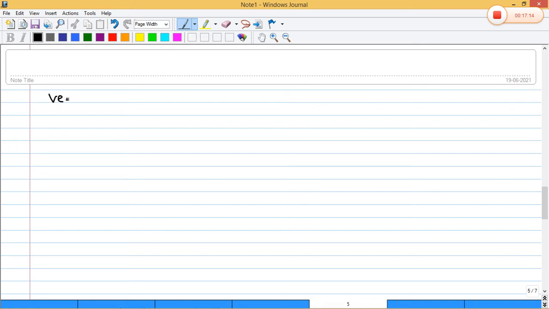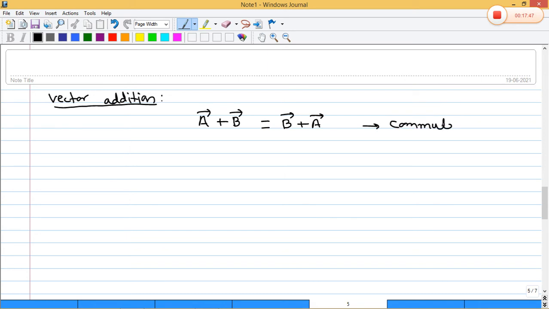Vector addition: if vector A is added with vector B, that is equal to vector B added to vector A. So this is the commutative law.